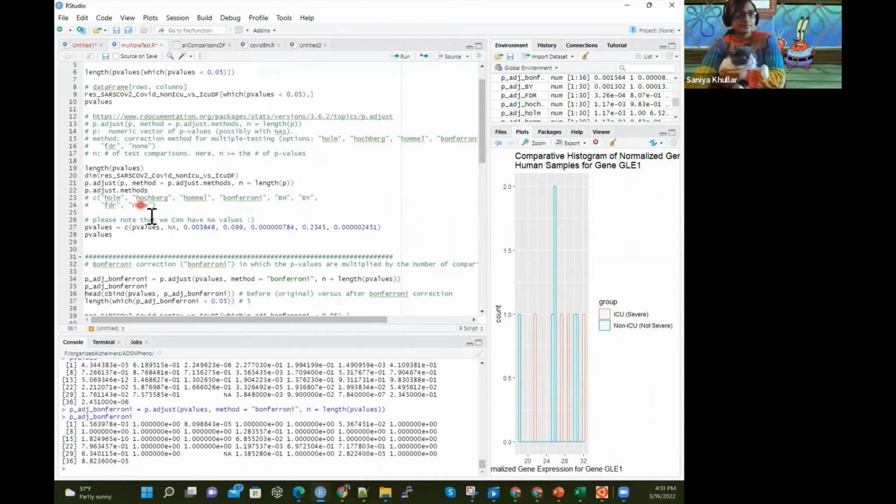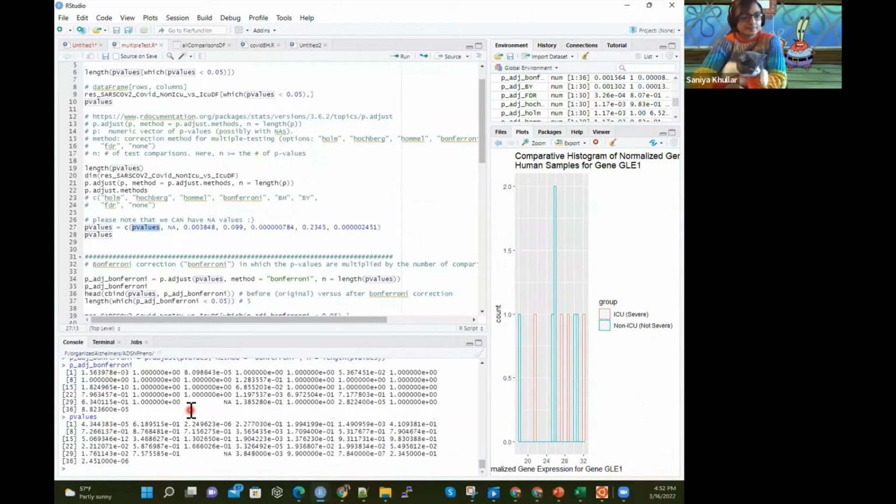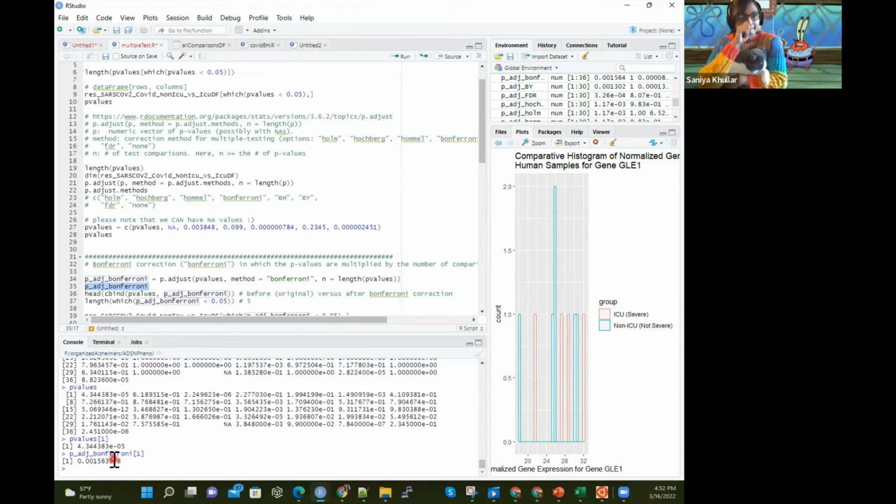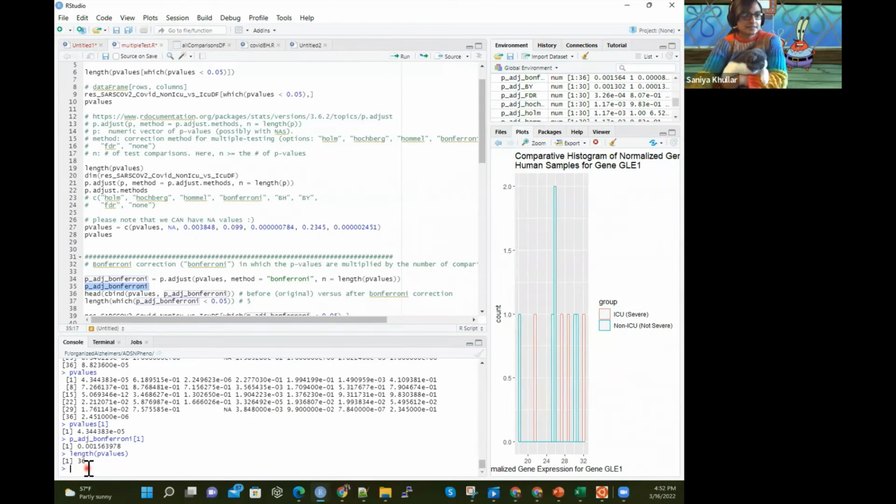So if we have these p-values here, let me look at p-value 1. And let me look at the Bonferroni. So to show you, this is the p-value and this is Bonferroni. And length of p-values is 36.